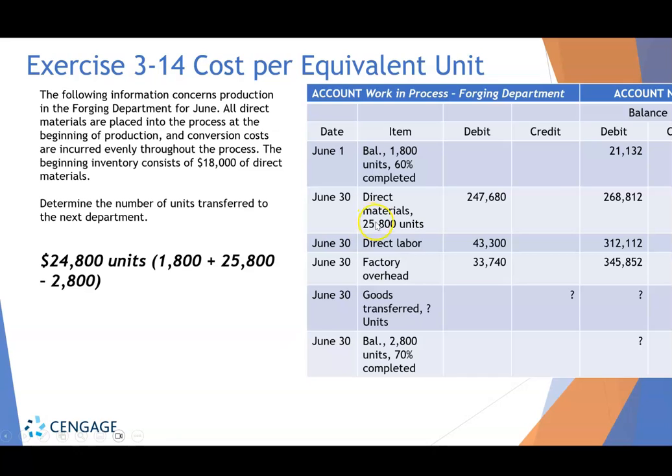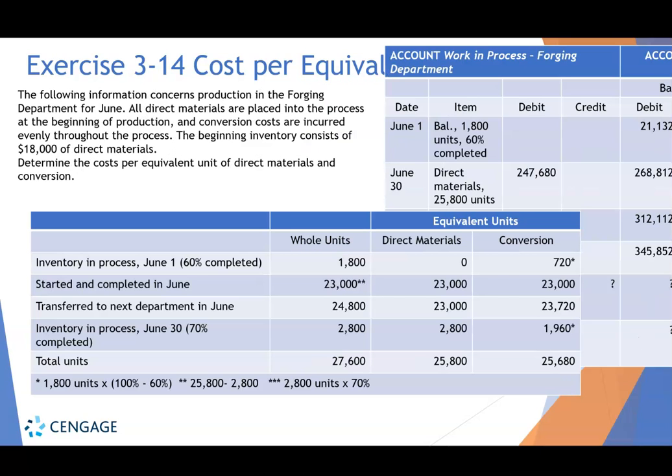And if we had 2,800 units still in process at the end of the period, then those goods that were transferred would be the 1,800 plus the 25,800 minus our ending inventory. So 24,800 units would have been transferred. Determine the cost per equivalent unit of direct materials and conversion.